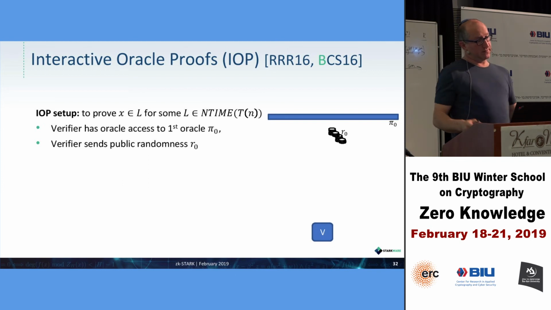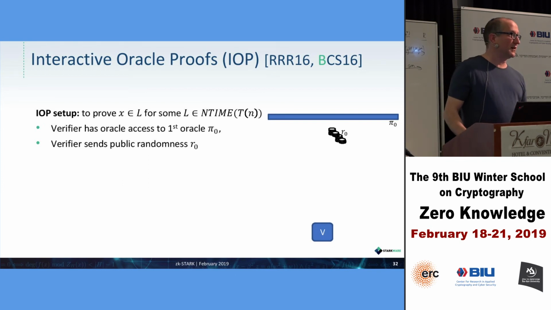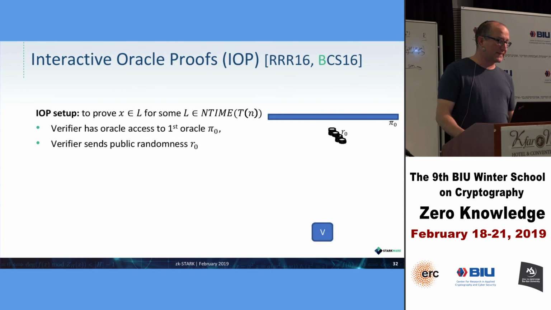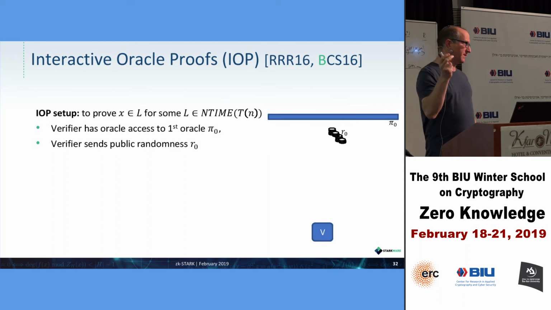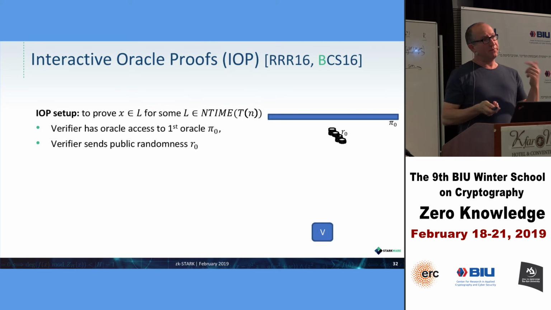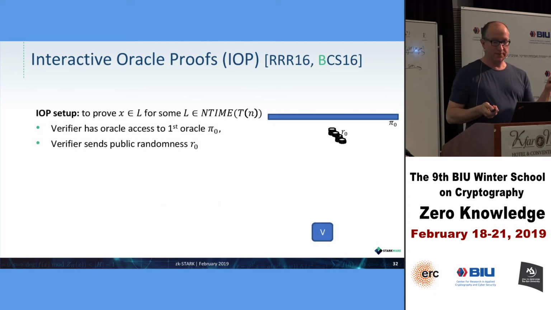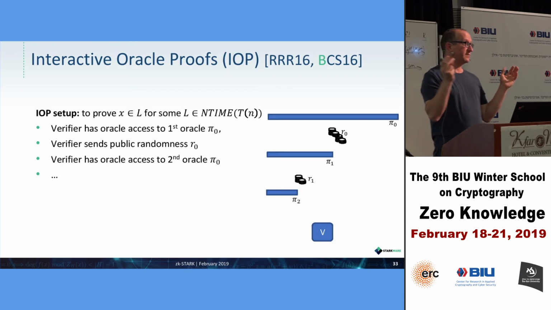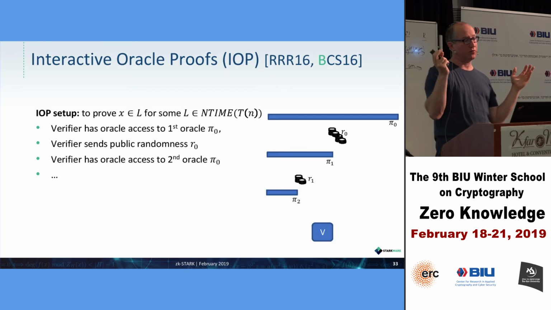It was suggested independently in work of Reingold and Rothblum, and also in work of myself with Chiesa and Spooner. The setup is like a multi-round PCP. Instead of just giving oracle access to a proof, in the IOP model the prover gives access to a proof, but then the verifier sends random coins, and now the prover replies with another part of this oracle proof, another chunk, a big message to which you have oracle access.